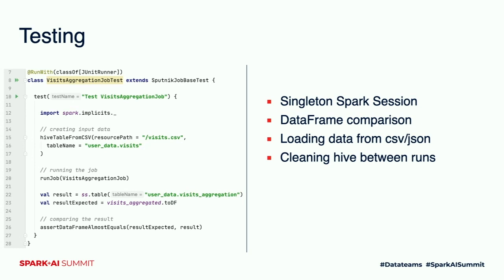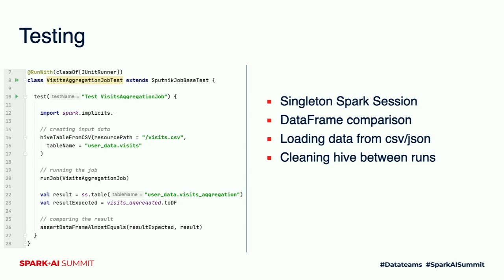So your typical test for your Sputnik job would look like this. You read your input data from some CSV or JSON, and you write this data to a Hive table. Then you run your job, and then you compare the result of your job, which is in Hive again, with some expected result.